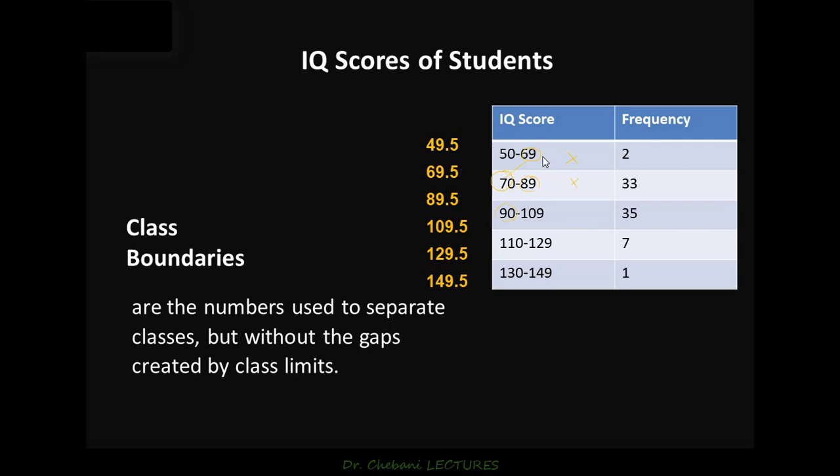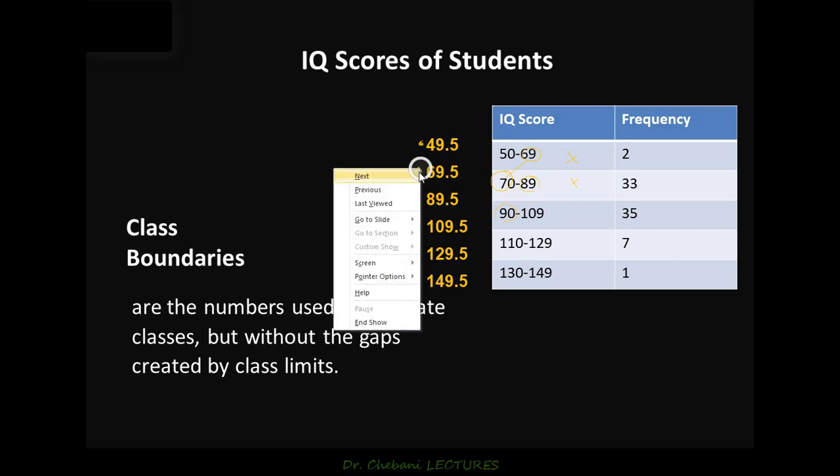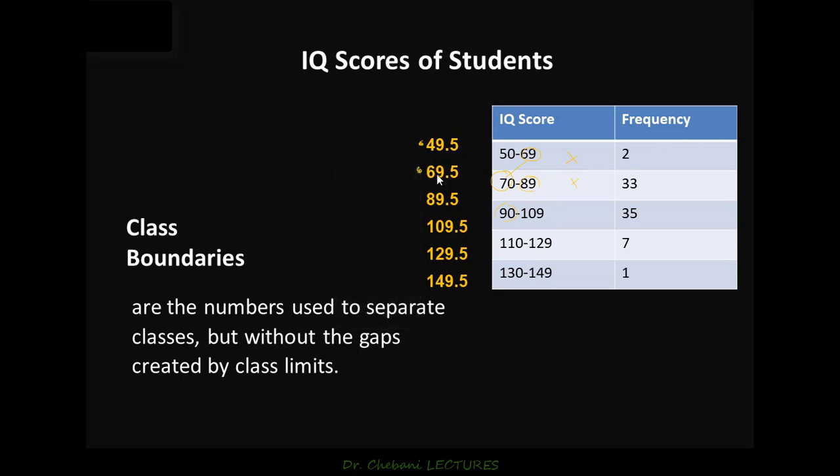So if you are going to be using class boundaries for your classes, instead of having 50 to 69, the first class would be 49.5 to 69.5, right? And the next class, which is the second class, instead of it being 70 to 89, it would start where the first class ended.